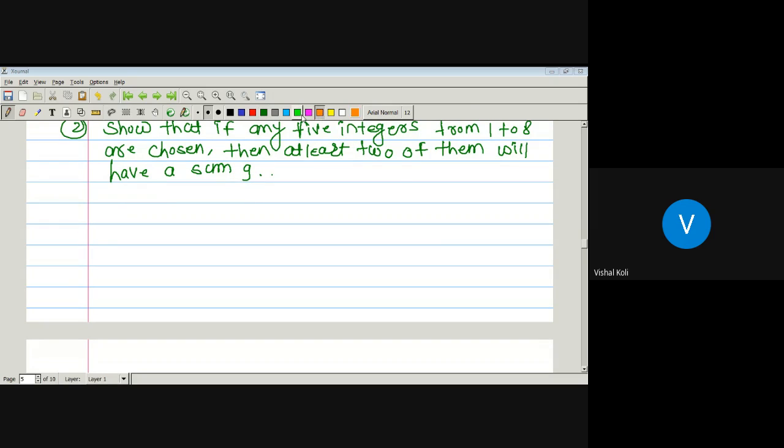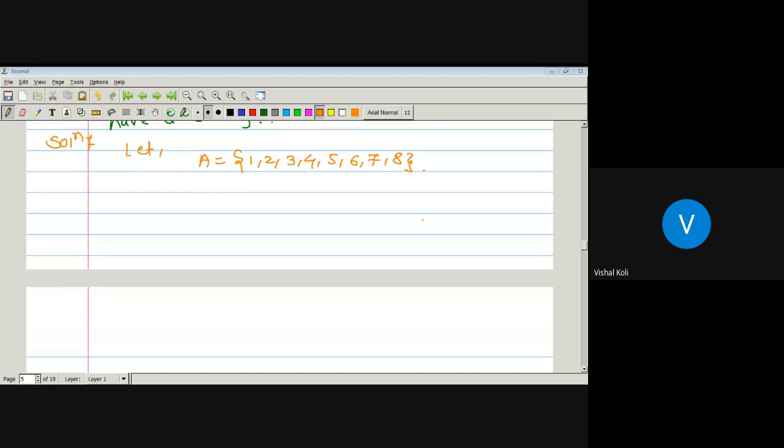See the solution. Let capital A be a set which contains the integers 1, 2, 3, 4, 5, 6, 7, 8. Now, what are the possible combinations whose sum is equal to 9? First set A1: if we take the first element as 1, then the second element is 8.